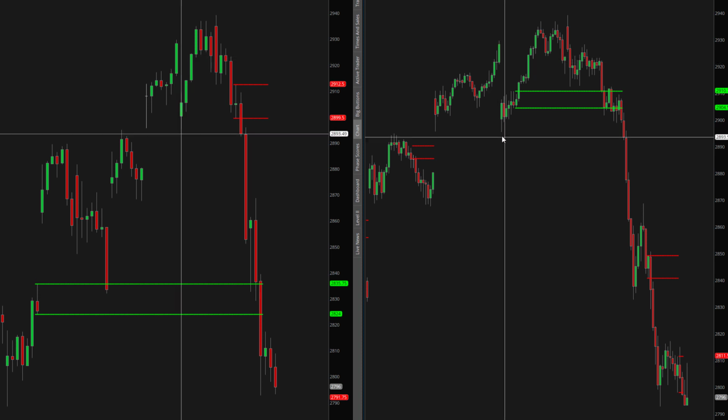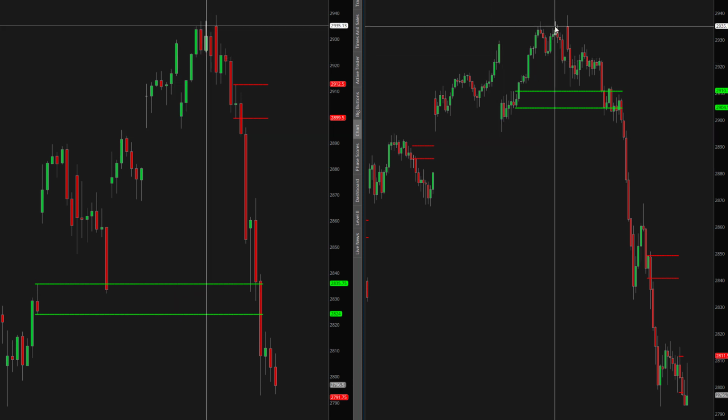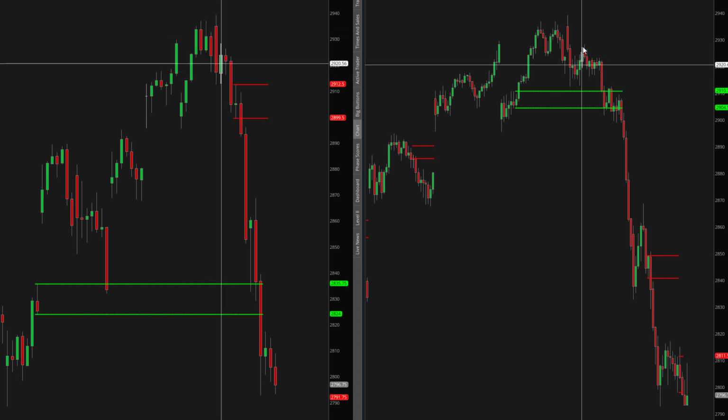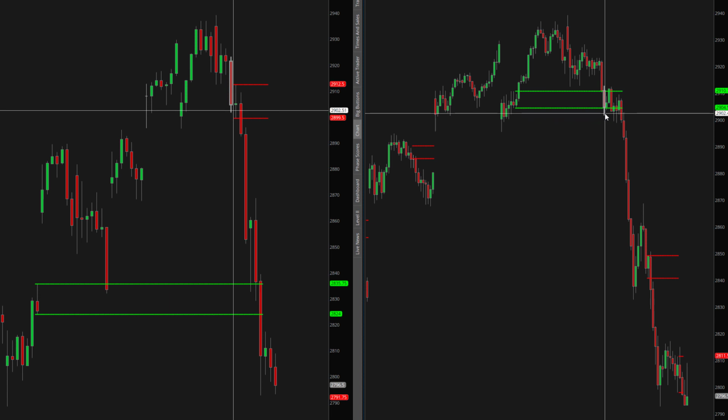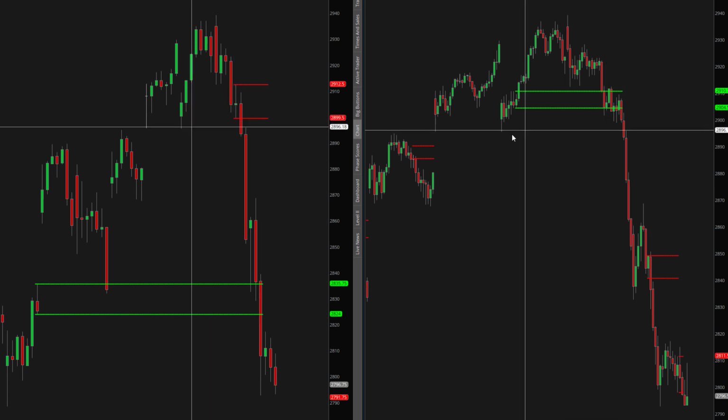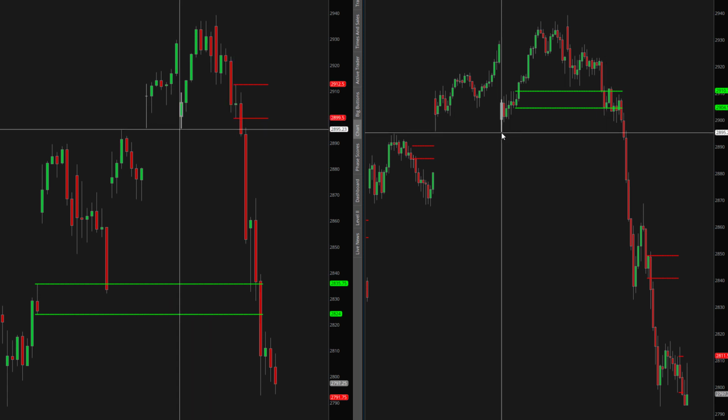So on this move, this is my last pivot. We make a lower high right here, a lower low right there. At this point, we have not confirmed the downtrend. That downtrend is not confirmed until we close below this pivot low.